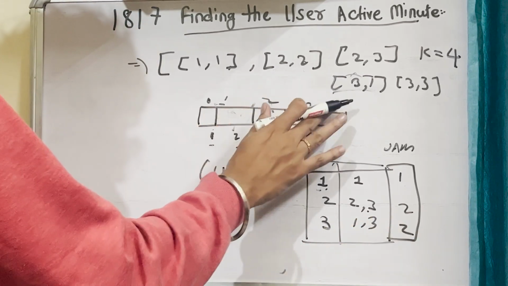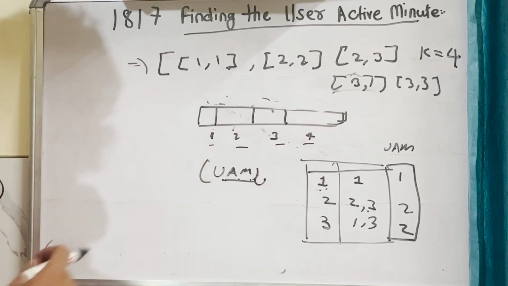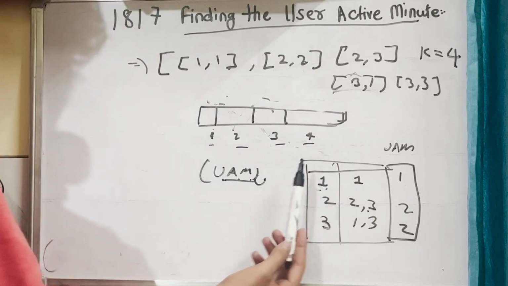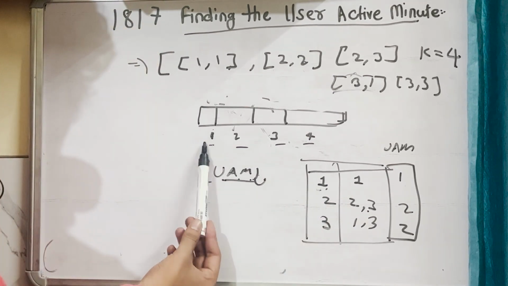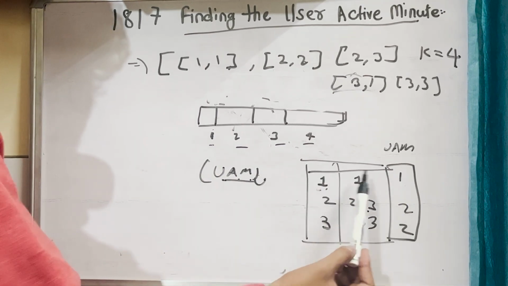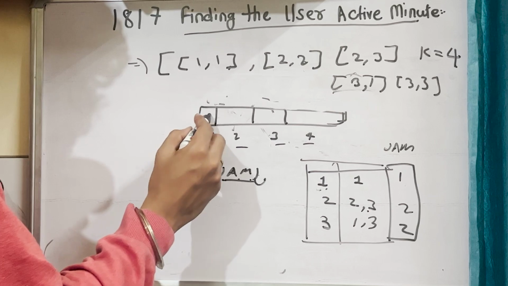So in this array, you have to return the number of users having that UAM. For UAM equal to 1, only one user has UAM 1.